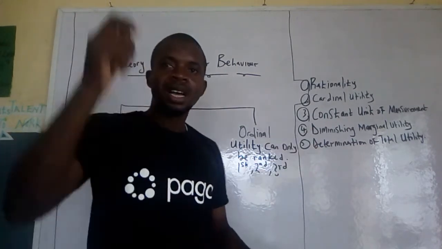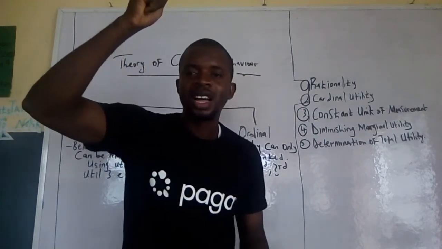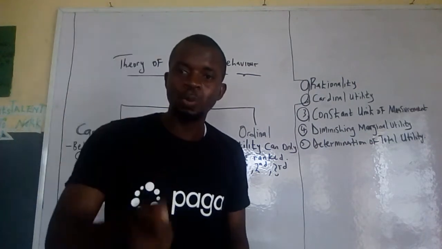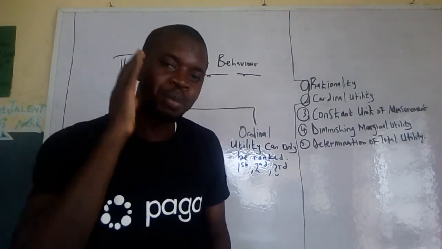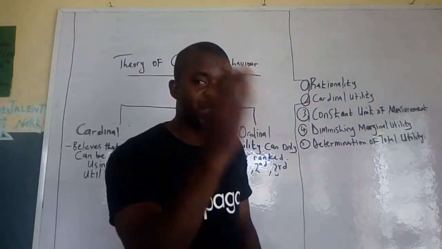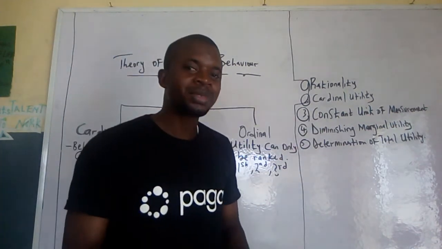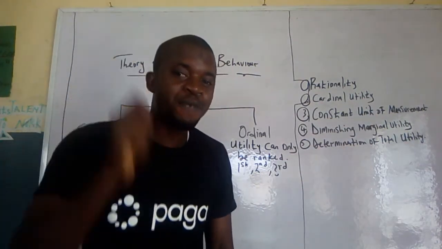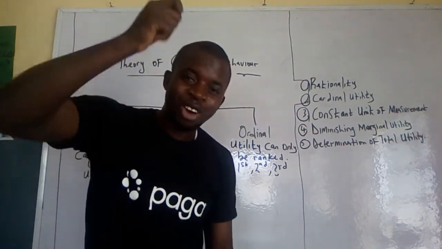So they believe that money is the measurement of utility. If you want to measure anything you purchase, you have to use the value of money. The amount you purchase it for will give you the value of that good or service. And that unit of measurement is constant, meaning that the value of money is constant.